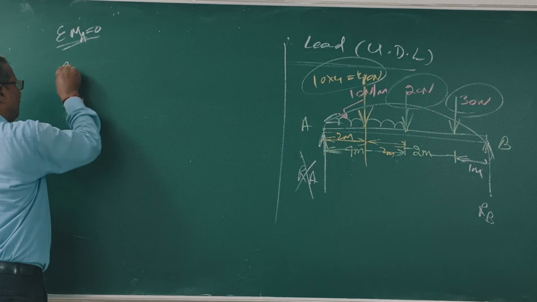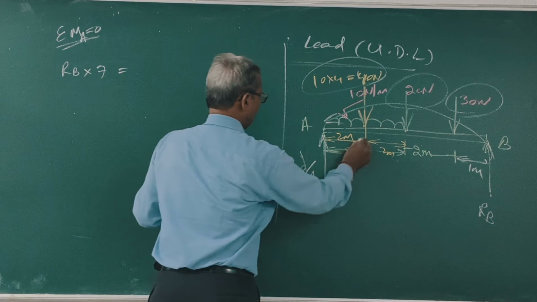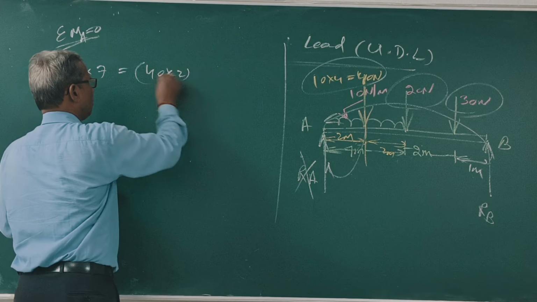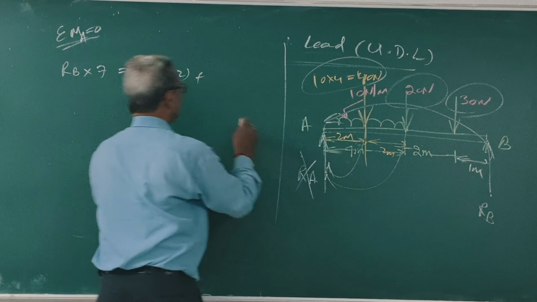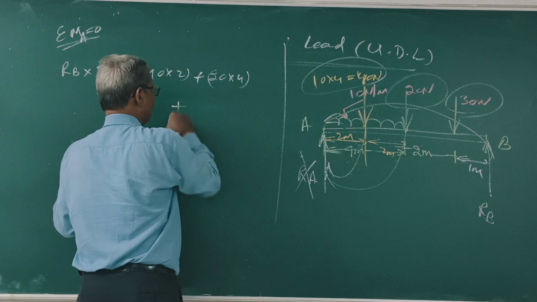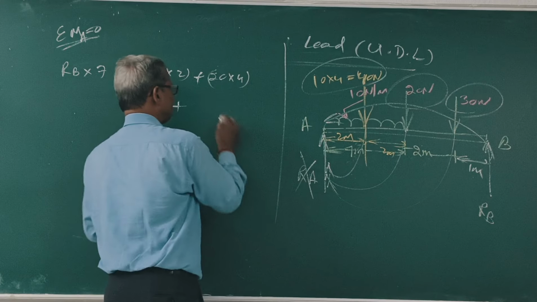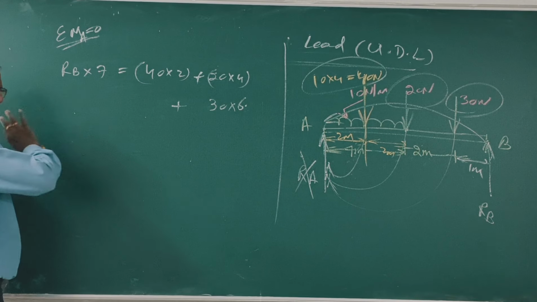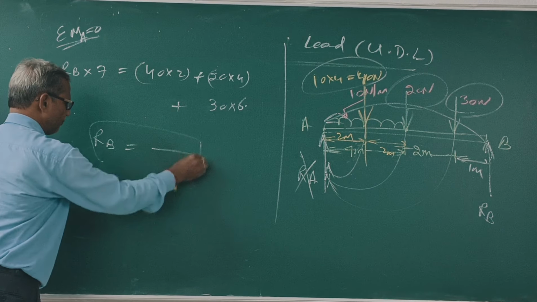RB into 7 is equal to 40 into 2 plus 20 into 4 plus 30 into 6. Clear? We can calculate and find out RB. Answer.